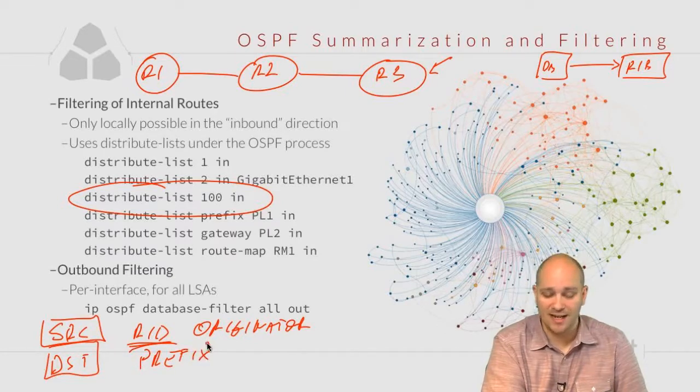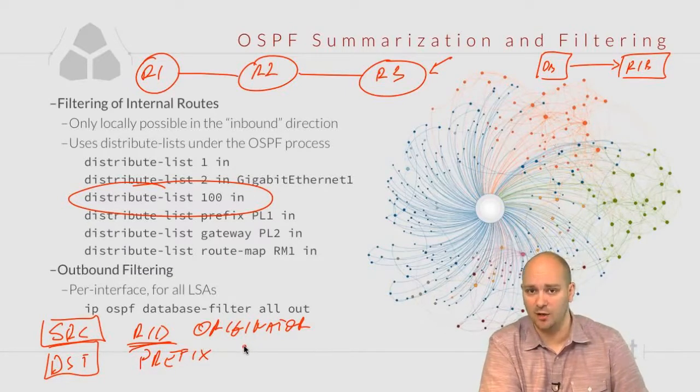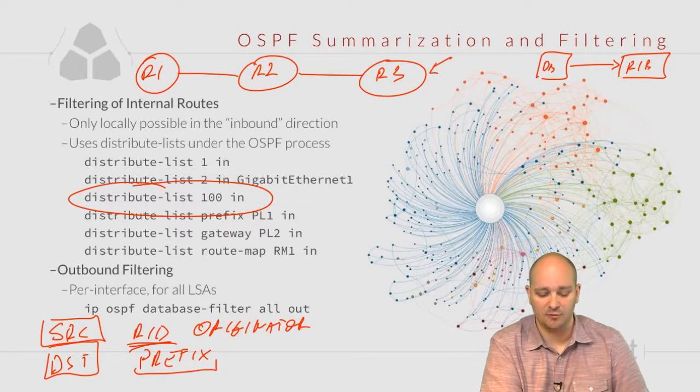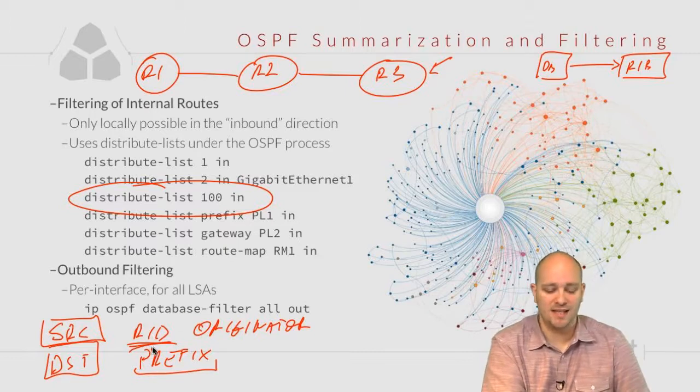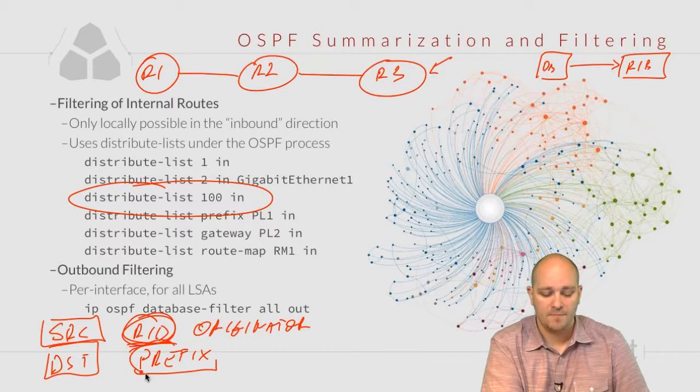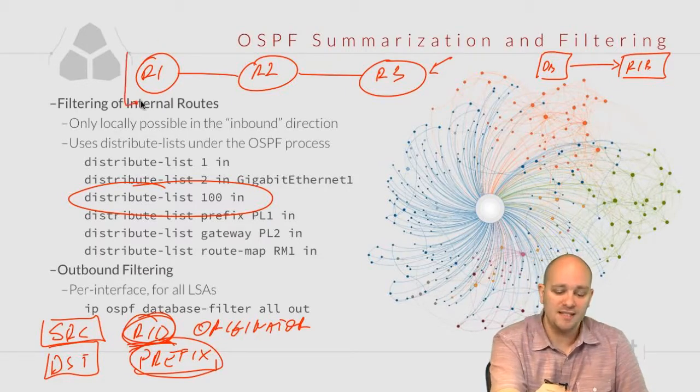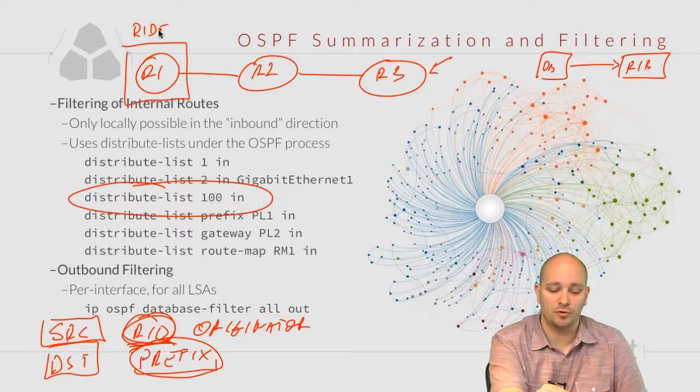Again, remember that with access lists, in this context, we cannot filter based on the prefix length. So just basically the network here. So what I'm saying here is, if I have the route, it was originated by a particular router, and it is a particular route, let's say filter it out. Now, let's say that we wanted to filter the routes generated by router ID of R1.